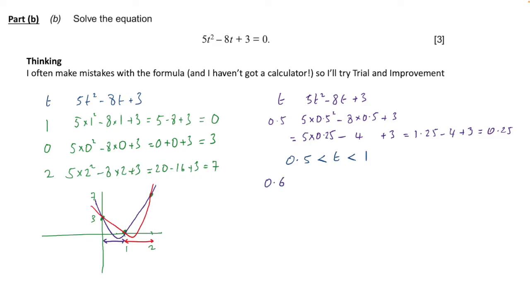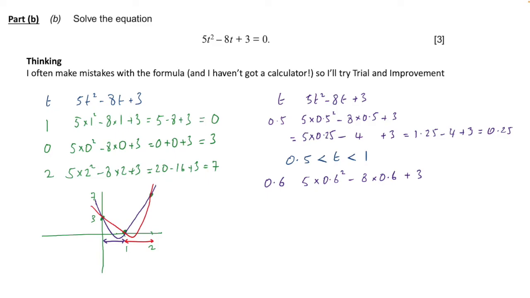So let's try 0.6. Now we might normally choose to be more like halfway between, so try 0.7 or 0.8, but 0.25 is the value we get when we put 0.5 into this formula. So I'm thinking 0.6 is probably the better chance. So let's put 0.6 in.